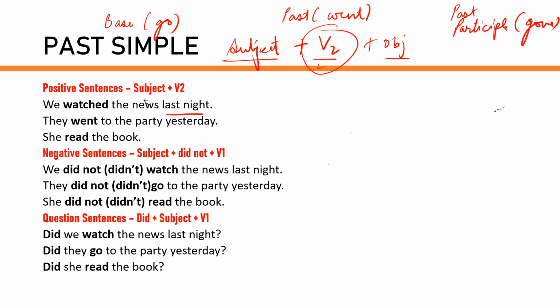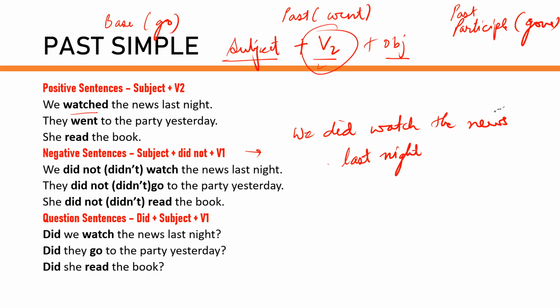Whenever we are writing a sentence, if we're using the second form of verb here, okay, we can also write it as: we did watch the news last night. Yes. Now what is the difference?